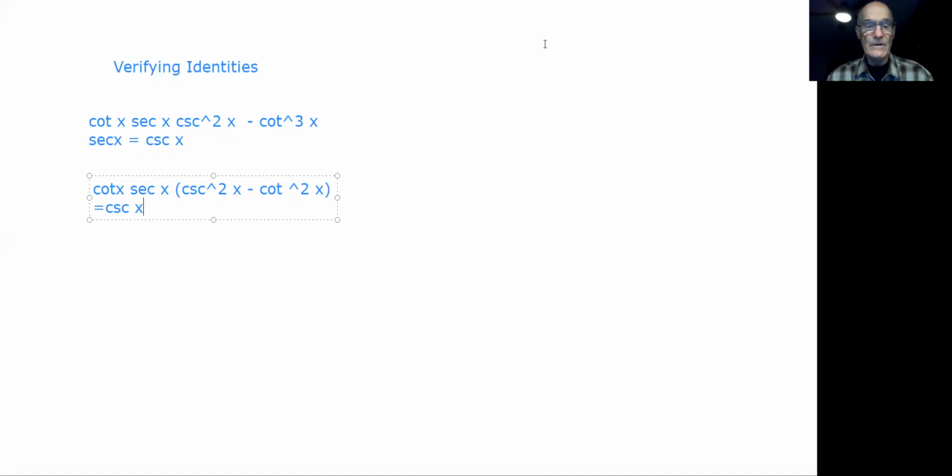Now, if you'll notice here, once again, we go right back. Anytime you're looking at a trig function squared, like cosecant squared x and cotangent squared x, what you're working with is the trig identity, which says cotangent squared x plus 1 equals cosecant squared x. So if you'll notice, I have cosecant squared x minus cotangent squared x.